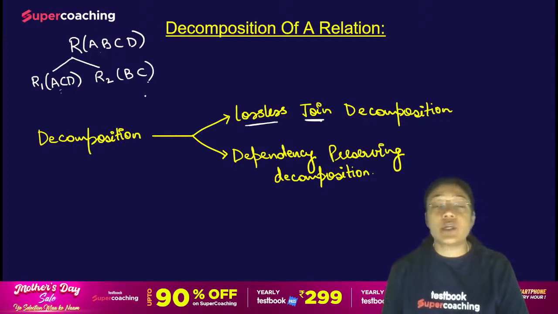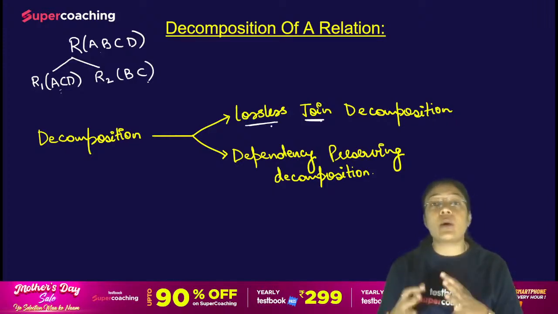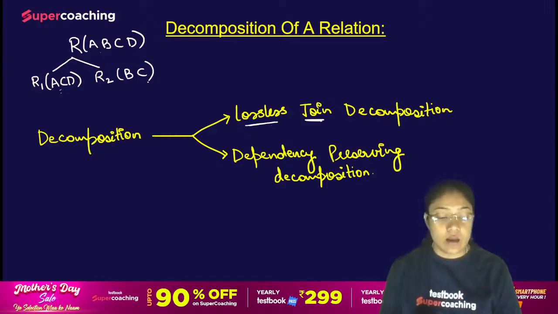If all the functional dependencies are supported, then we will say that the given decomposition is dependency preserving because it is preserving all the existing dependencies. Make sense? इतना clear हुआ?